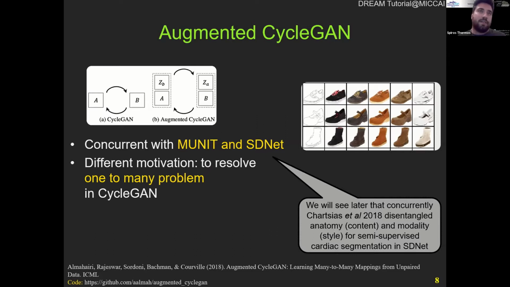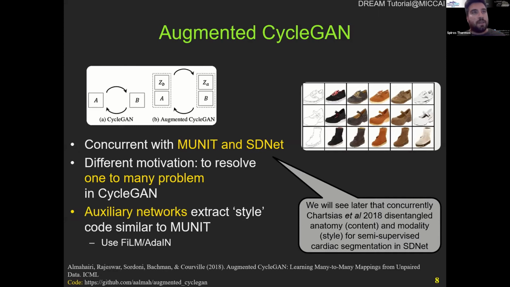It has a different motivation here. It's not like one-to-one translation, but it has mostly one-to-many or many-to-many mapping translation, and the many-to-many mapping is being realized as cycling over the original domains, augmented with auxiliary latent spaces.